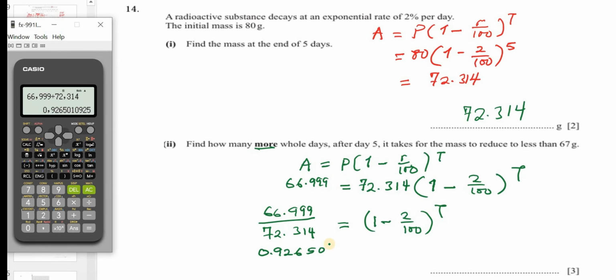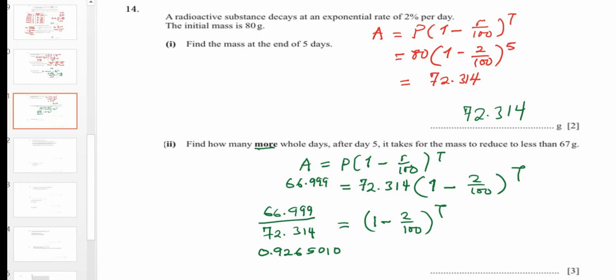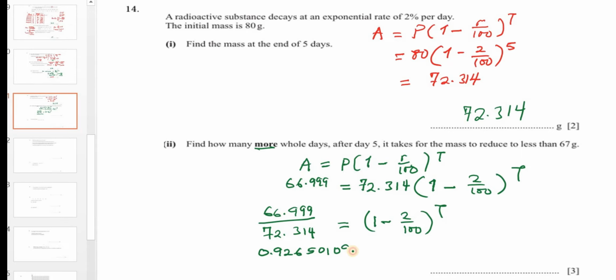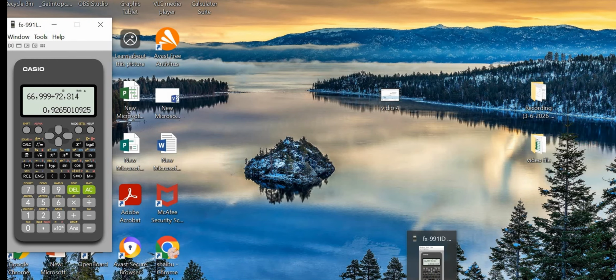Since the calculator has given it to you, you can write everything. So 0.9265 is equal to 1 minus 2 over 100, that is 0.02, then you subtract, that's going to be 0.98. So let me do that.